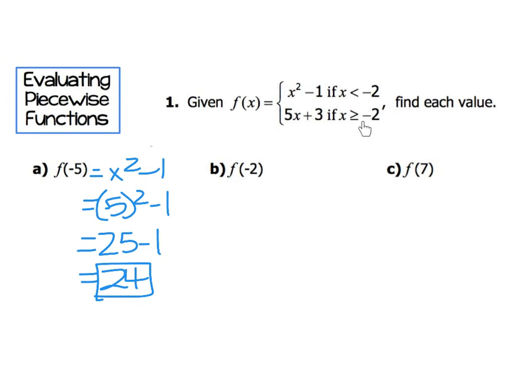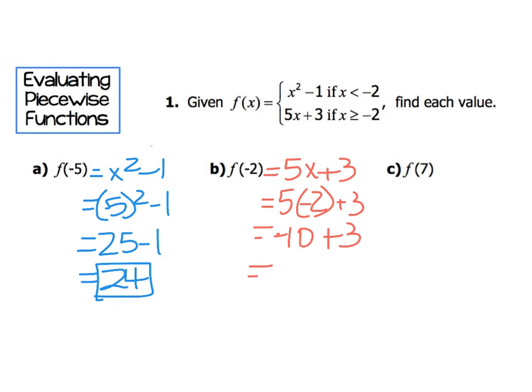So we're going to be using the function 5x plus 3, and we want to plug in negative 2 for x. So we get negative 10 plus 3. So f of negative 2 equals negative 7.